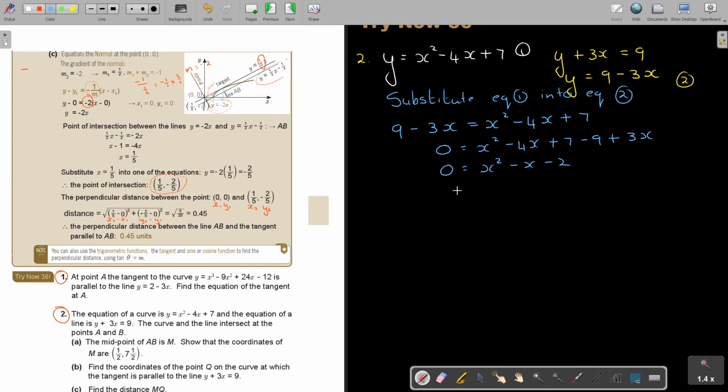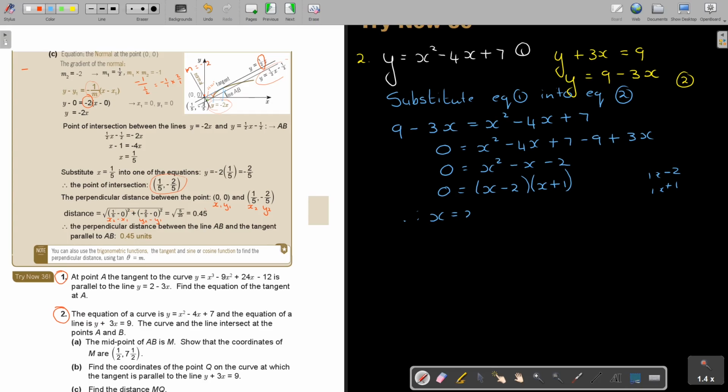Now I'm going to factorize. It's x minus 2, x plus 1. So therefore, x minus 2 equals 0 and x plus 1 equals 0.